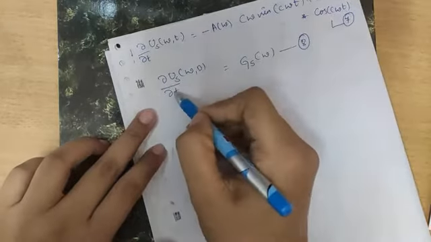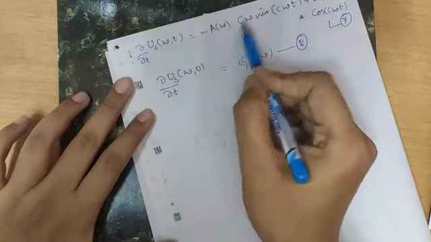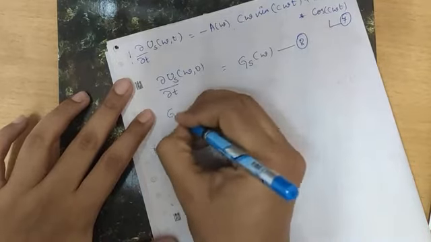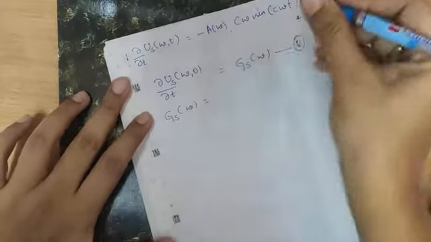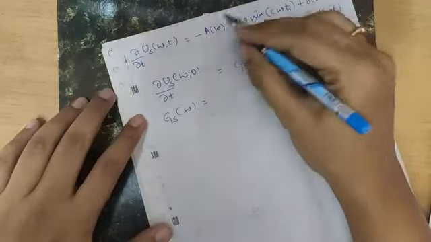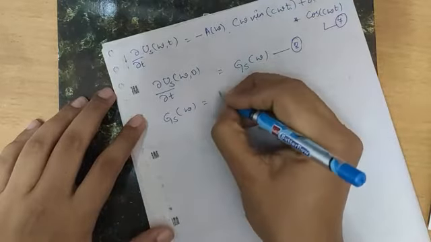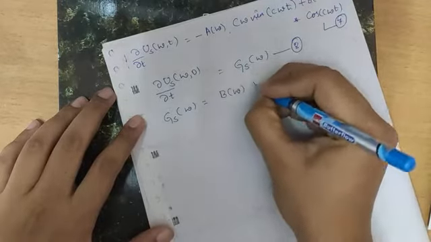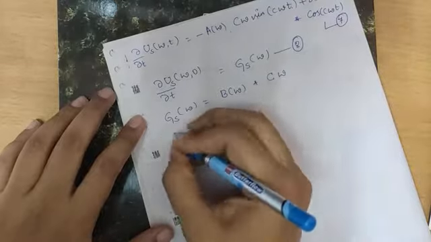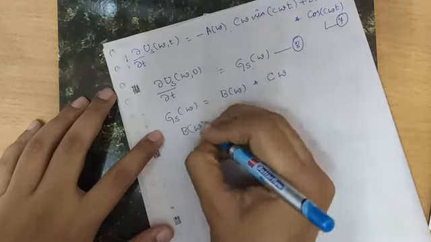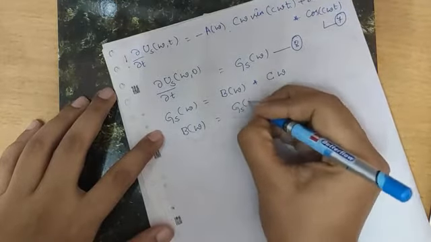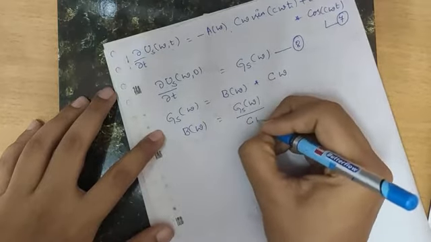Now if you substitute equation 8 in equation 7, you will get Gs(ω) is equal to, since sin 0 is 0, this whole term will become 0, so it will be B(ω) cω. So B(ω) will be equal to Gs(ω) by cω.